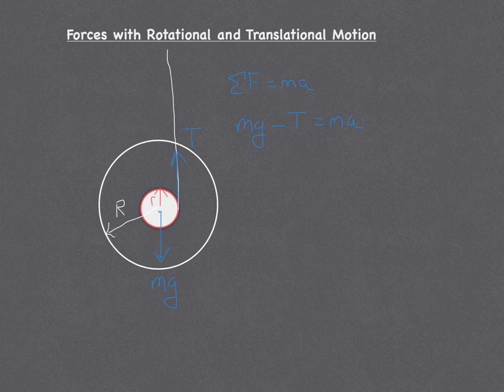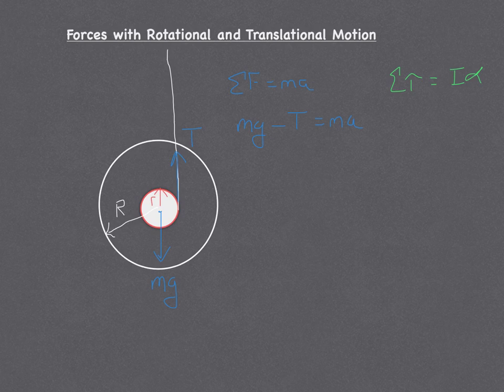Always ask yourself, is the sum of all torques accelerating or equal to 0? Same thing with the linear forces. If it's not 0, the tension can never equal mg. Or else, in this equation that we have, if these two equal each other, that's 0, and it's not moving, or it's moving at a constant speed.